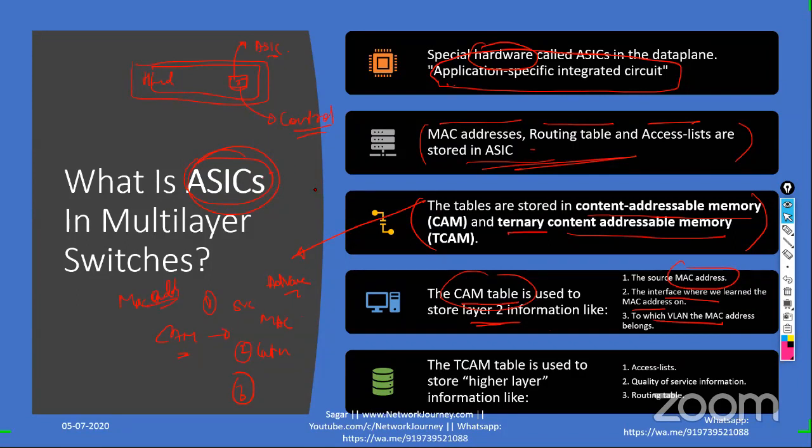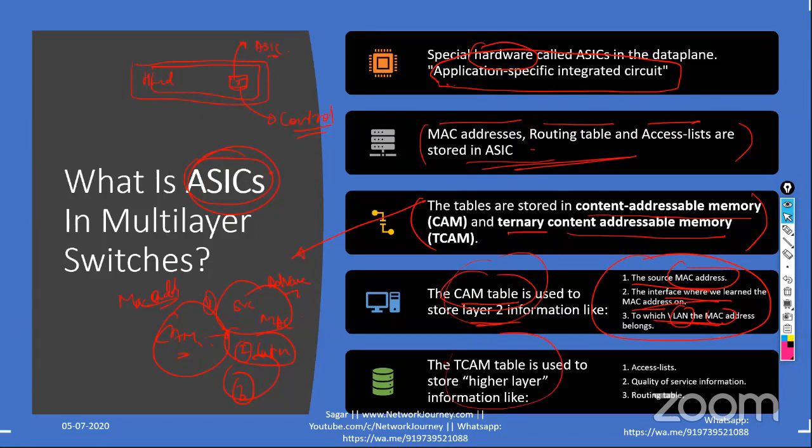When any processing happens, it first checks the CAM table, because CAM tables are much faster and have all the records within them: the source MAC address, the interface the MAC was learned on, and the VLAN associated with the MAC. That's the CAM table.